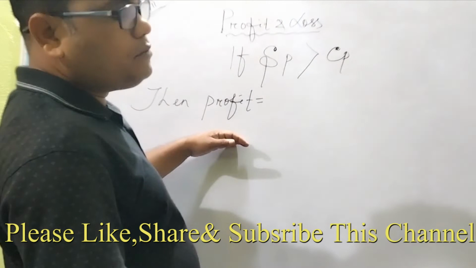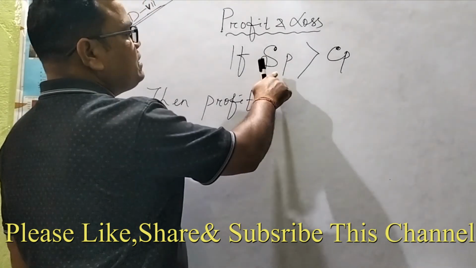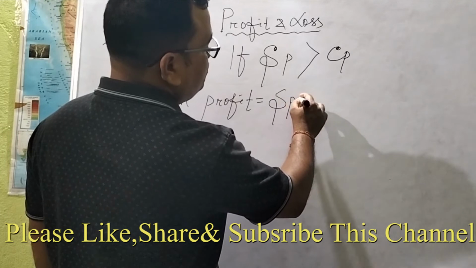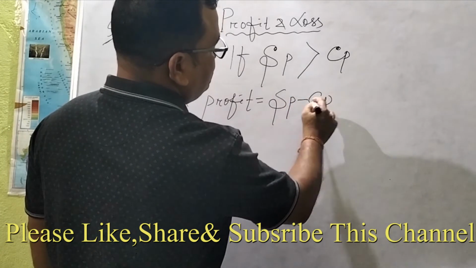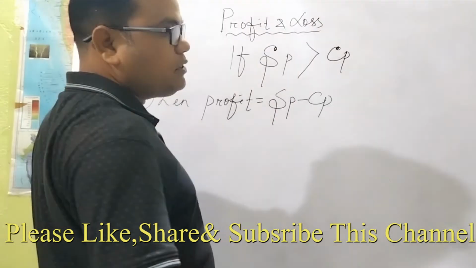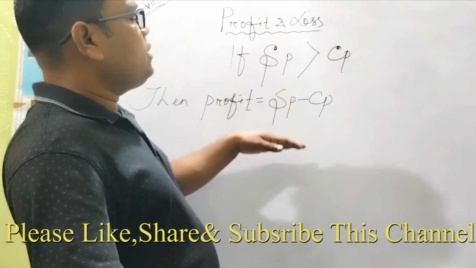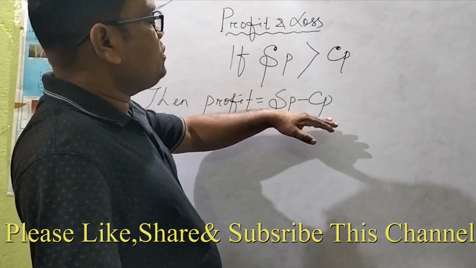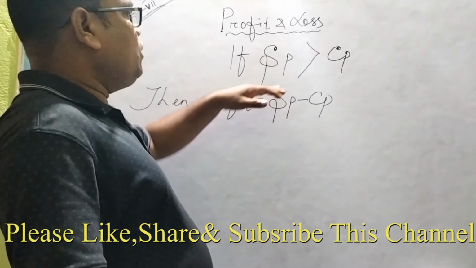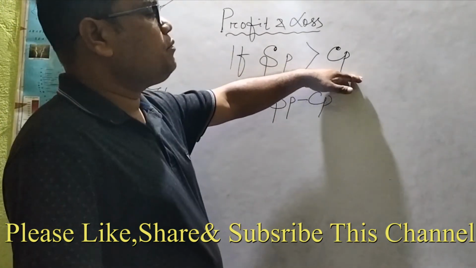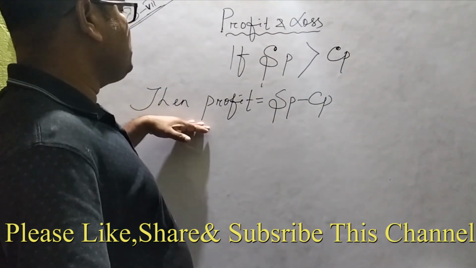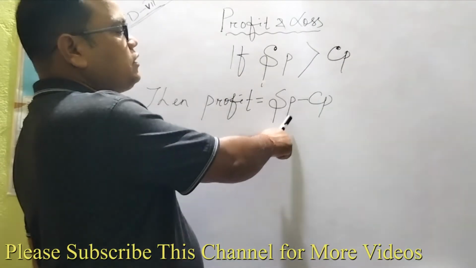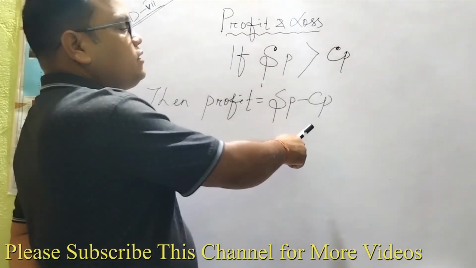And what would be the profit amount? As this is greater than this one, you have to subtract the greater amount minus the smaller amount. In case of subtraction, it's obvious that you just subtract the smaller one from the greater one. So selling price is more than the cost price, so you can get the profit amount. Profit amount would be selling price minus cost price.